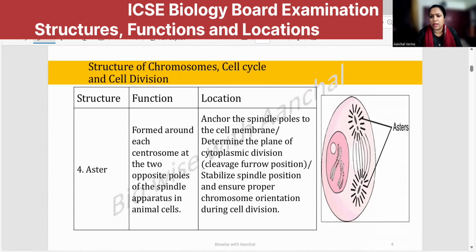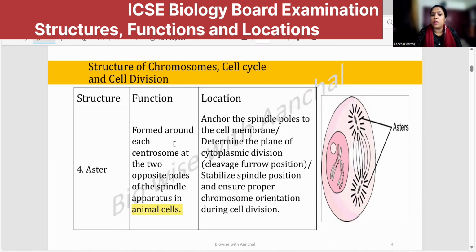Not all have the diagrams, so asters. What are asters? You can see here, when the centrioles divide during the cell division initiation, that is in the prophase, that time there is a radiating structure that comes out of the centrioles. That happens only in animal cells, so you have to mention animal cells.